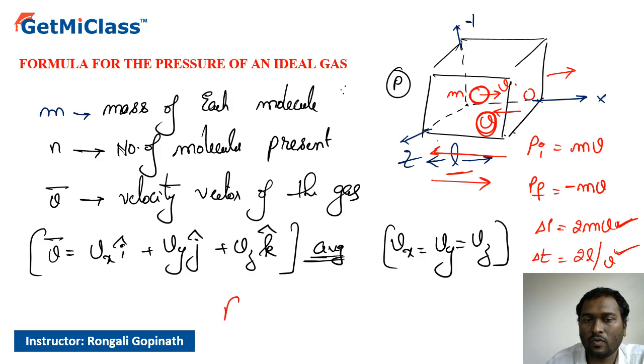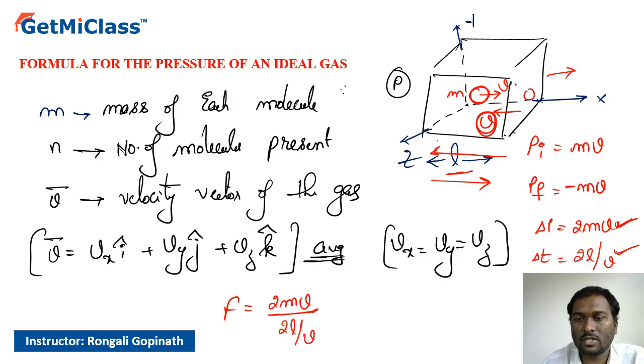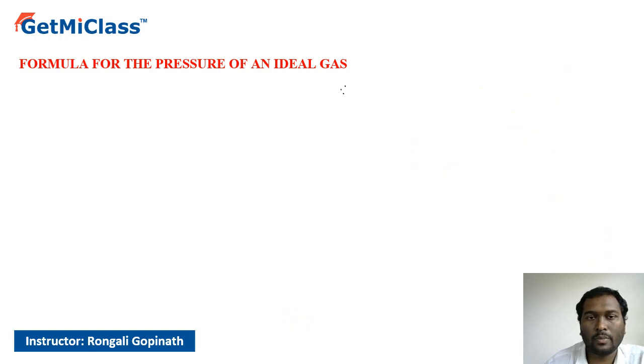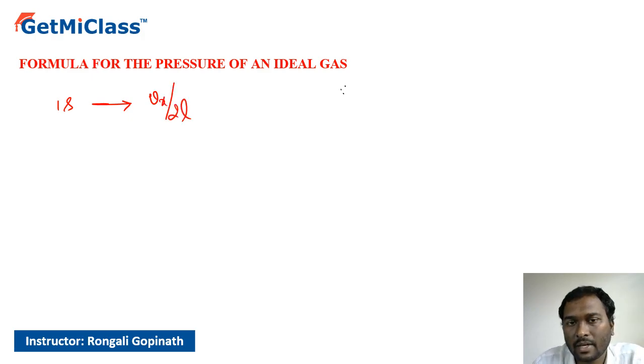So what is the force exerted by this one molecule of the gas on the wall? It is 2mv by 2L by v, right? This is for just one collision, but how many collisions will happen in 1 second? In 1 second, Vx by 2L collisions will be happening, right?